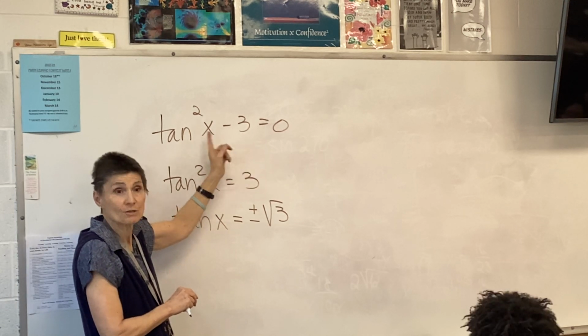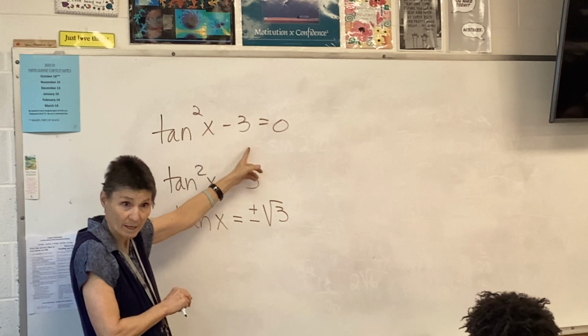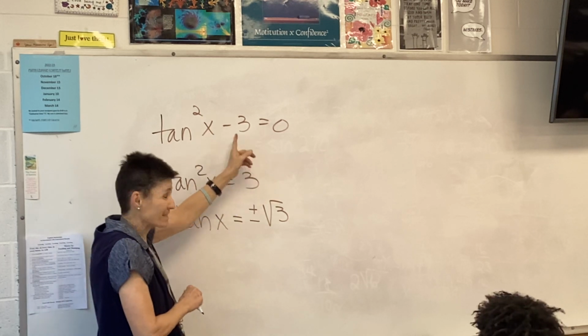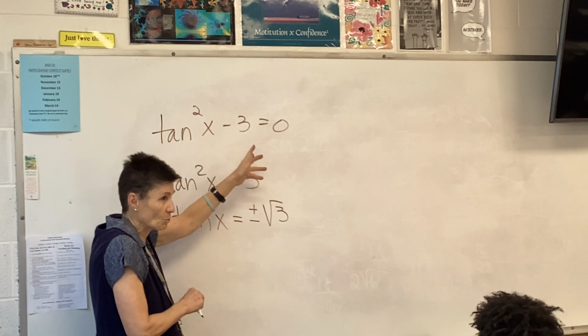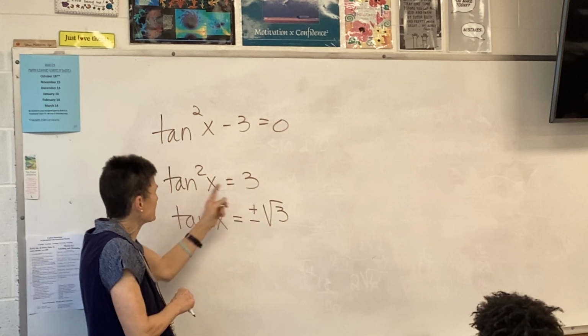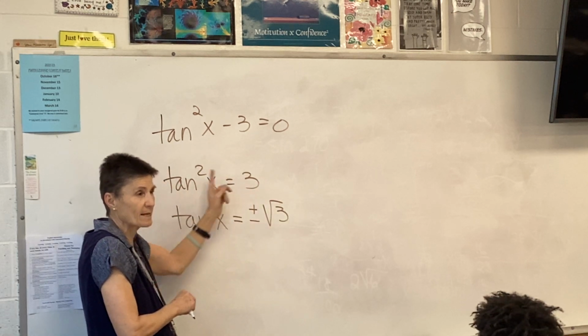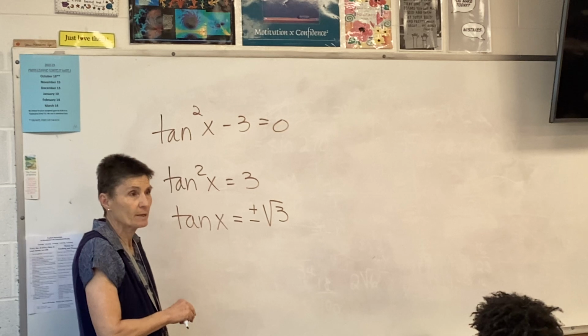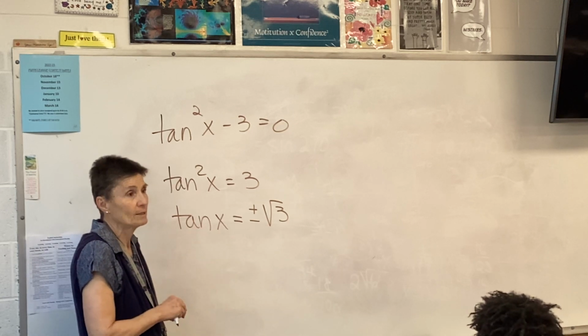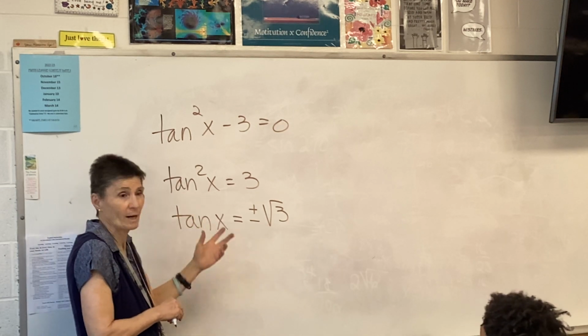Tan x minus 2, tan x plus 2, the difference of squares. I can still do that with a 3, but it's not a perfect square. I'd have to use radicals. So it's just easier to move the 3 over and take the square root of both sides. Okay, you've done that a million times in your life. Probably not with tangents, but otherwise.